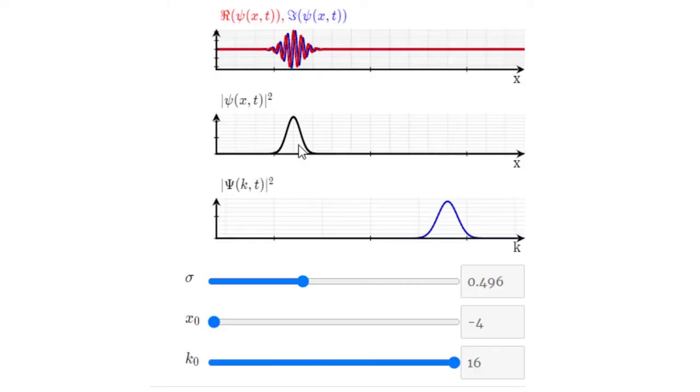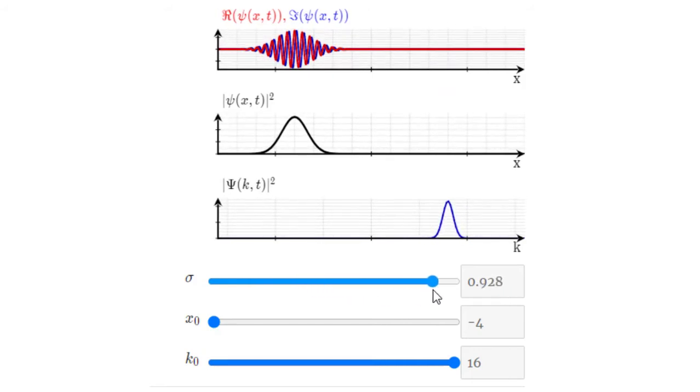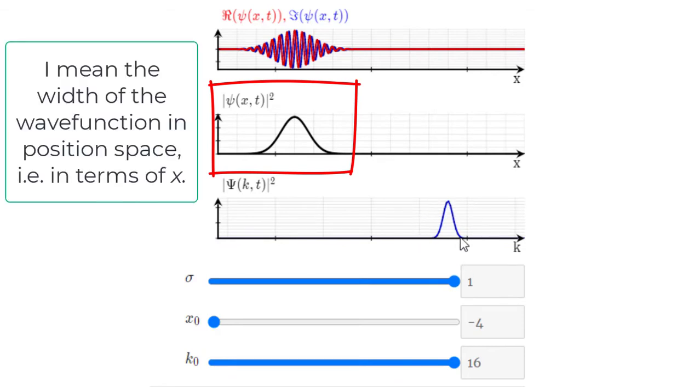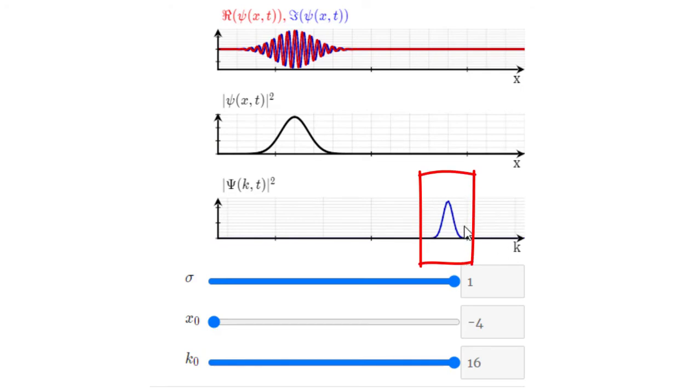What does that mean in the context of our Gaussian wave packet? Well, let's set this up so we've got quite a high group velocity, which would be our K0 here. This is going to control how fast the wave packet moves. And if we make the width quite large, then we narrow down the range of spatial frequencies, the range of wave numbers we have, which means we've got a tighter grouping of those waves that comprise the wave packet.